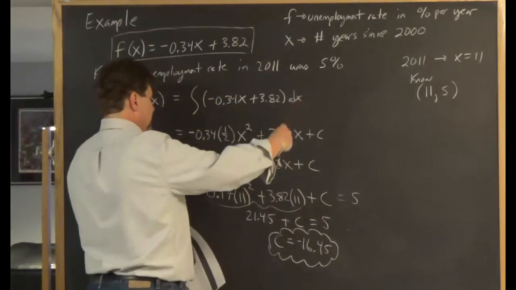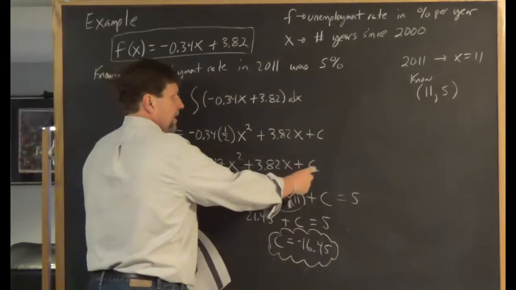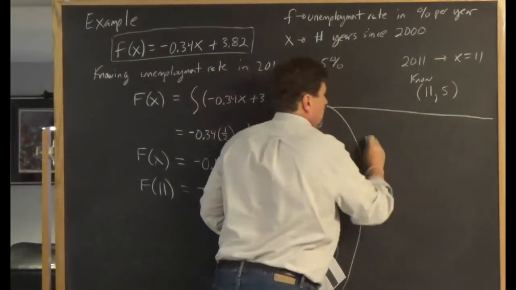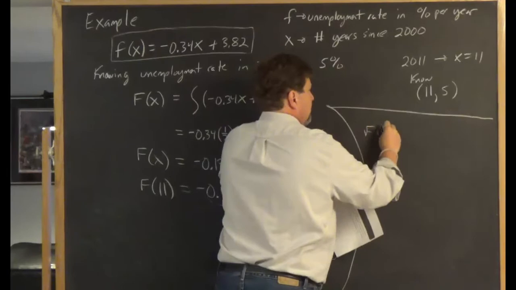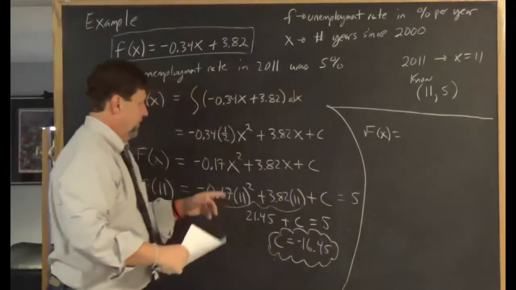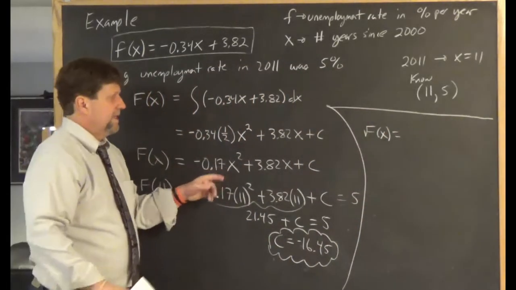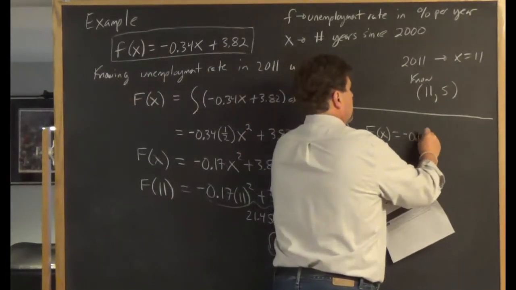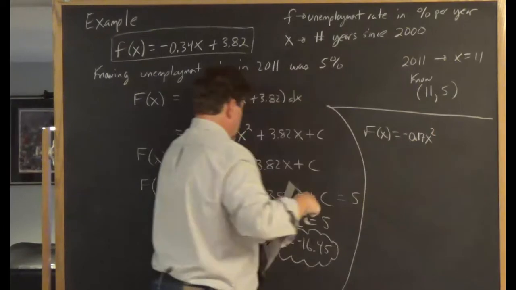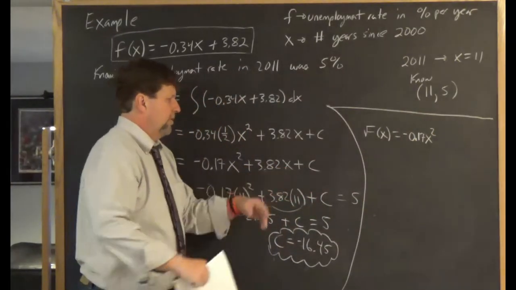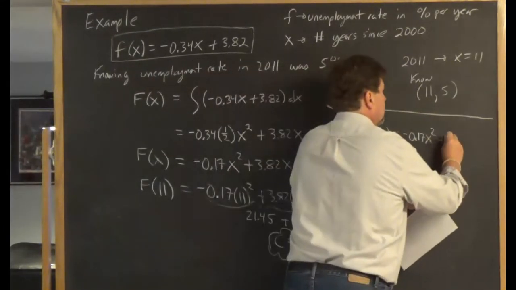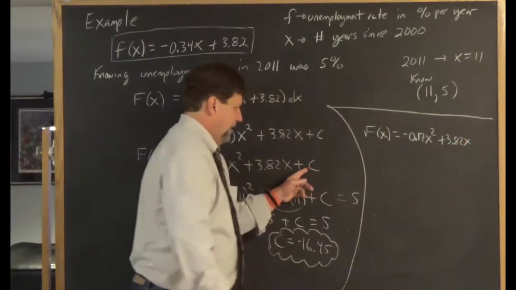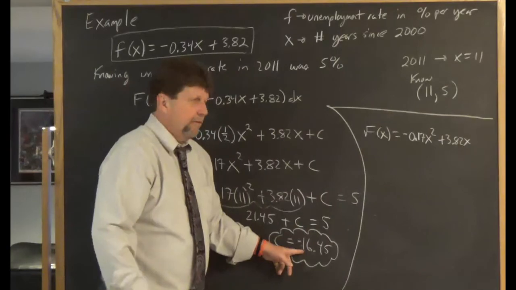So now that we know c, I can toss it in here, and that tells me f of x equals negative 0.17x squared plus 3.82x, and c is negative 16.45.